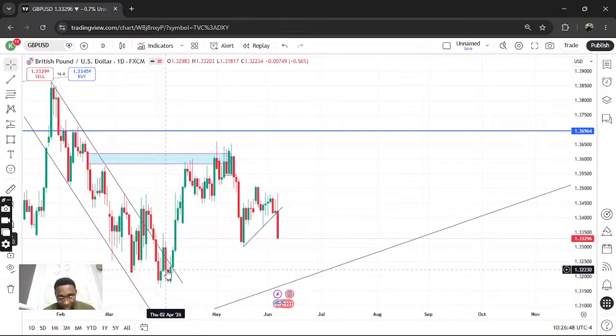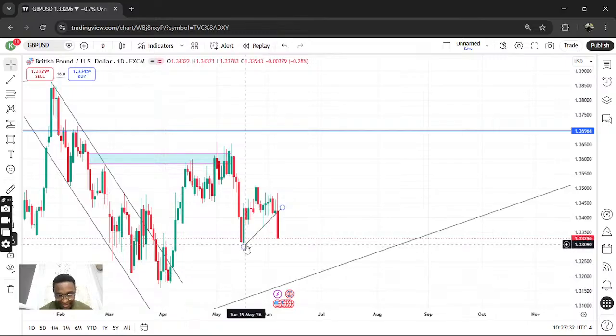That is the expectation. So what happened? When it returned to this level, this is like a support zone, which turned into a resistance level that pushed it back down. And I'm expecting it to return here before it continues upwards.